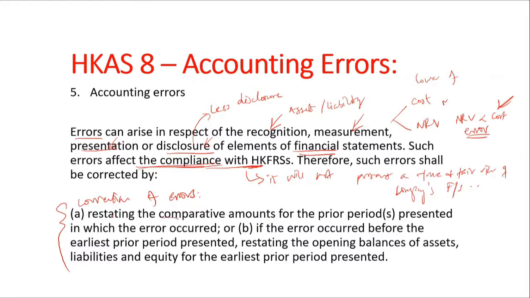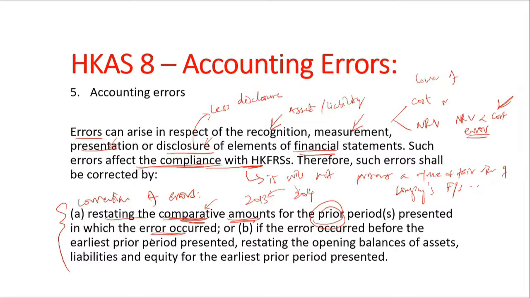You restate your comparative amounts. The company will restate the comparative amounts for the prior periods presented in which the error occurred. So let's say the error occurred in 2013 and you're preparing financial statements for 2014, and you discovered the error in 2014. You have to go back and correct your error for your 2013 financial statements.